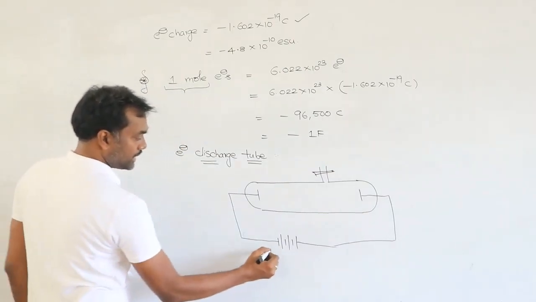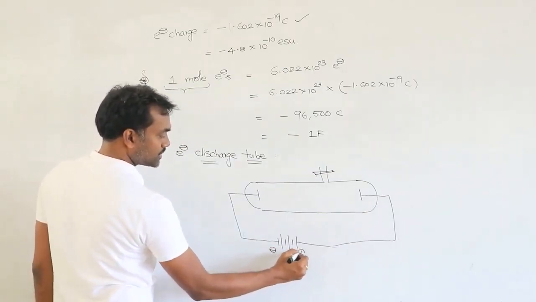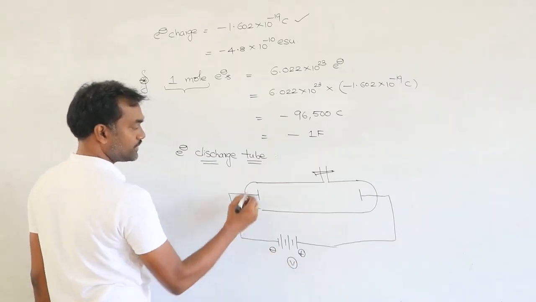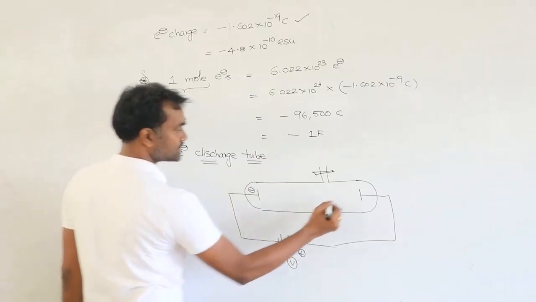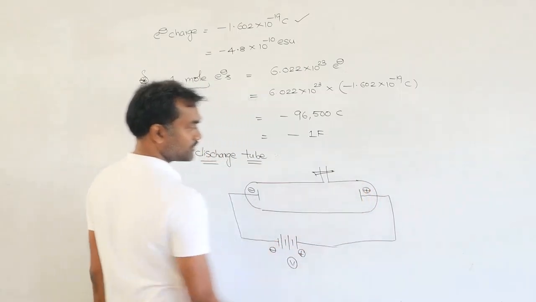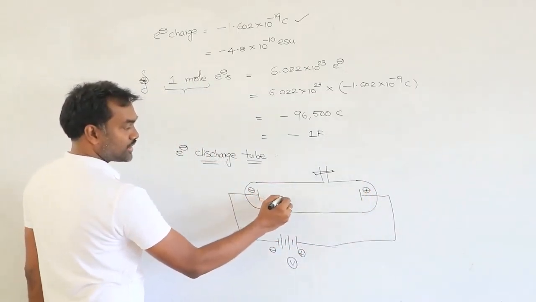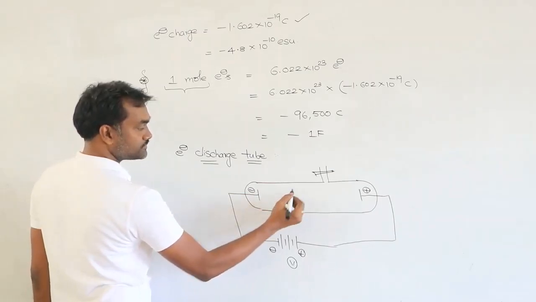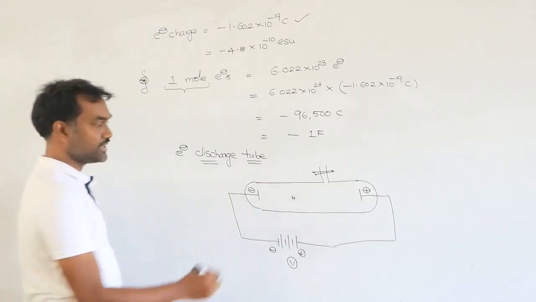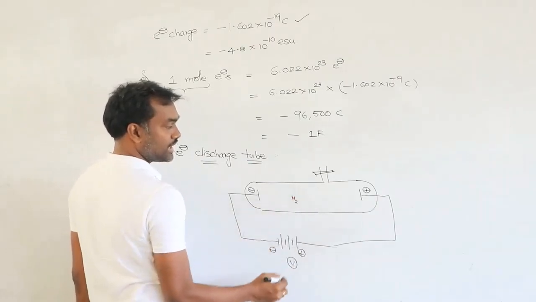Negative charge here, positive charge here, we are applying voltage. Negative is connected here, positive here, so it attracts. Suppose we have taken hydrogen gas in this glass tube.